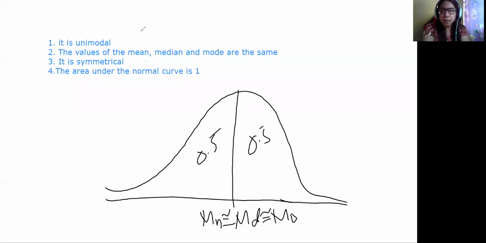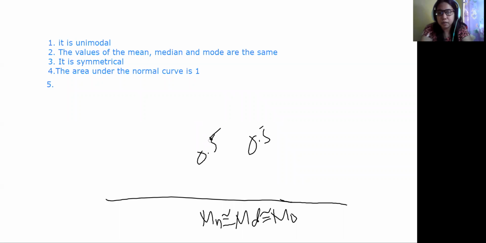And let's have number 5. So what is our number 5 value here? Aside from that, if you notice when we draw our graph, even if I change our drawing here, I will still draw it this way.